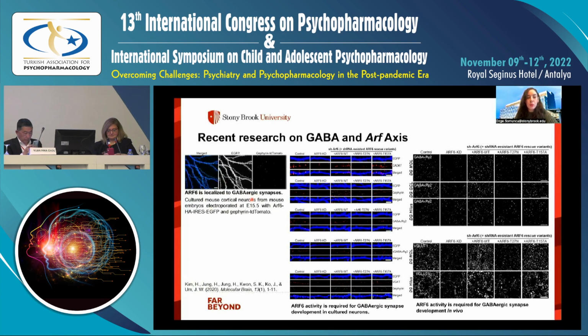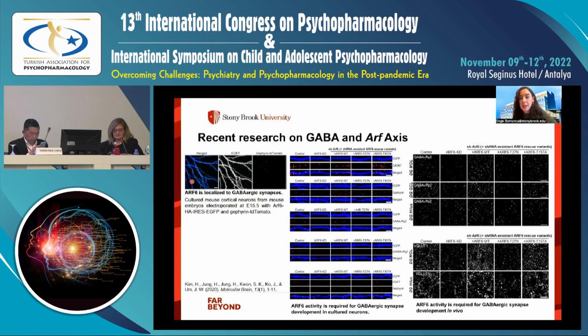What they did was take cultured cortical neurons from mouse embryos at embryonic stage 15.5, performed EGFP transduction in those cells, and tried to understand whether the protein was expressed exactly at the synapses of GABAergic neurons coming from the cortical area.